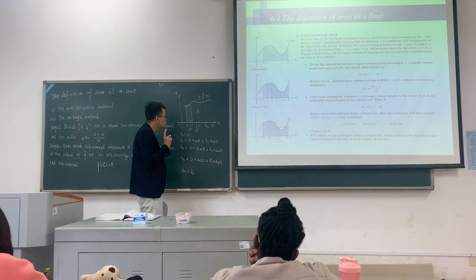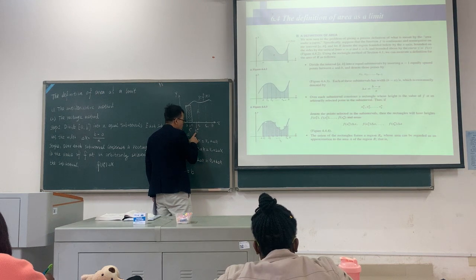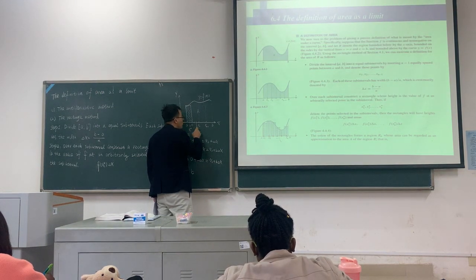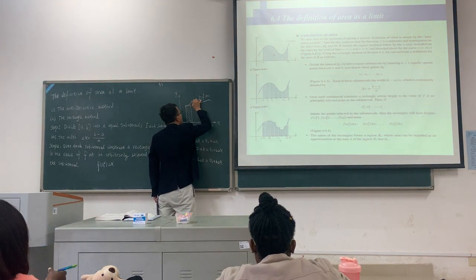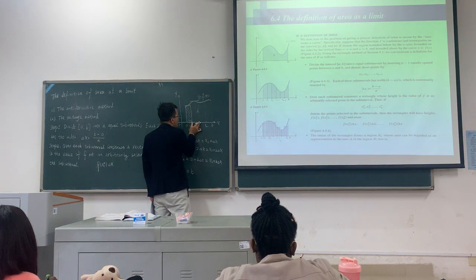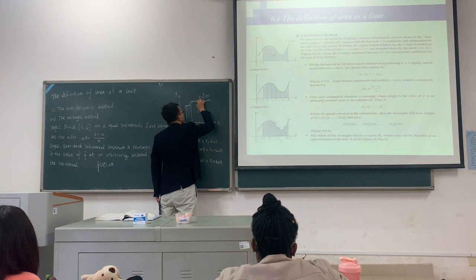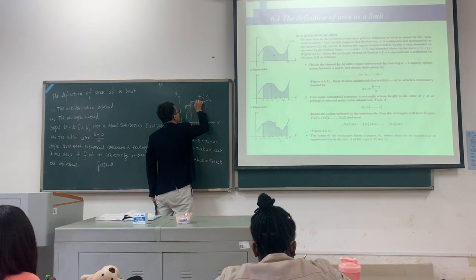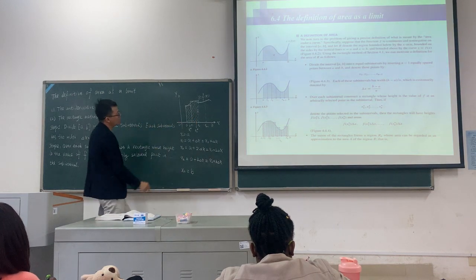The second rectangle uses the function value at this point as the height. This is the height, and this is the width. This part is the second rectangle.